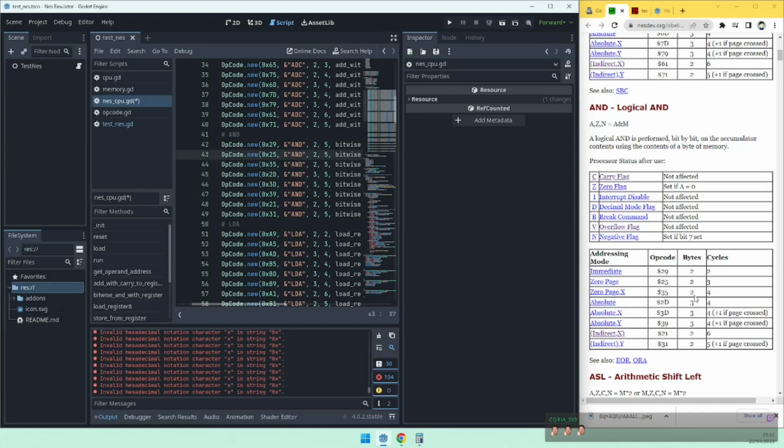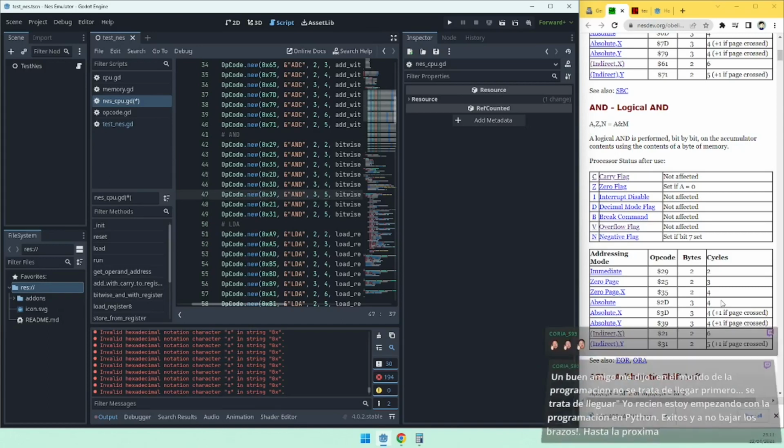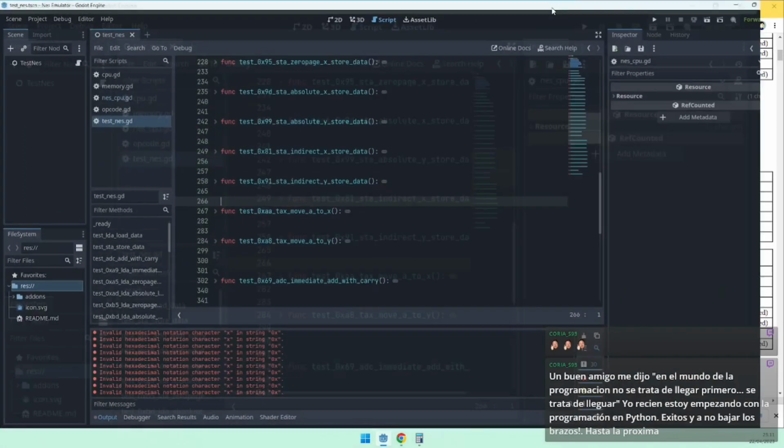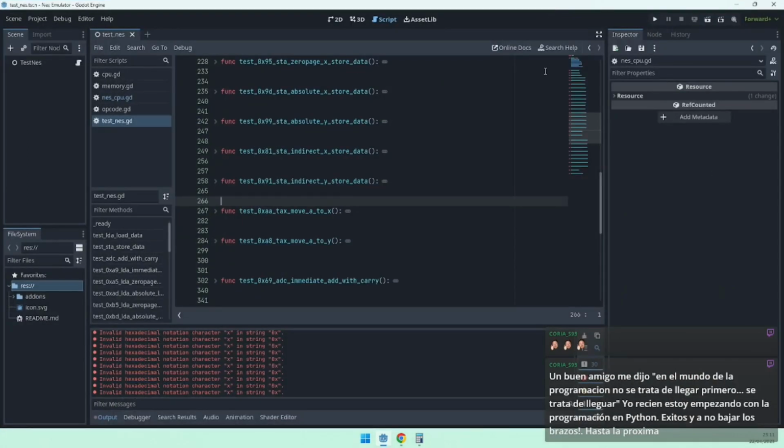And for the cycles, it's 2, 3, 4, 4, 4, 4, 6, and 5. So we have this table copied. And we can start writing tests now. Writing tests is what takes most of the time.